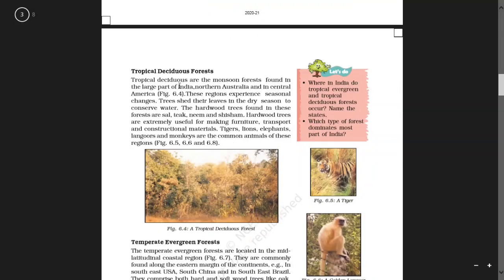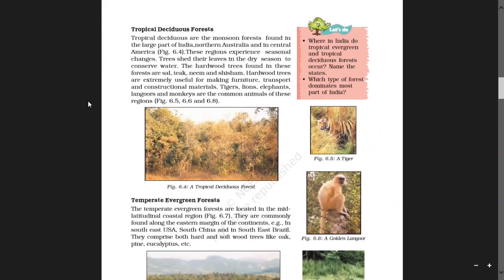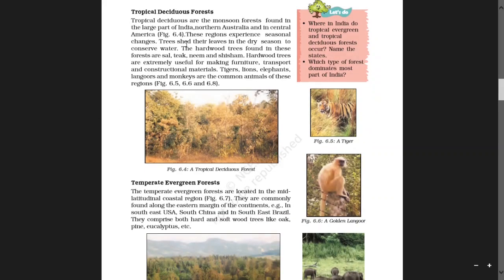Tropical deciduous are the monsoon forests found in the large part of India, northern Australia, and in Central America. Tropical deciduous forest, boys. This type of forest are the monsoon forests.